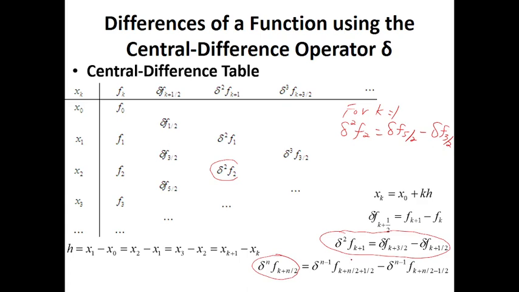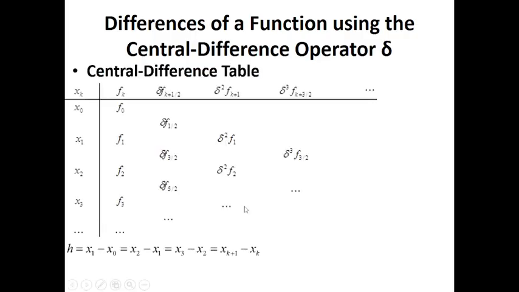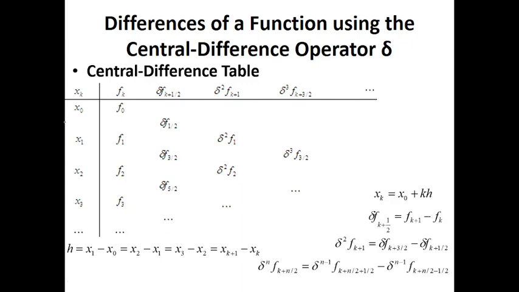Delta to the power of n f sub k plus n over 2 is equal to delta to the power of n minus 1 f sub k plus n over 2 plus 1 half minus delta to the n minus 1 f sub k plus n over 2 minus 1 half. For example, let's try n equals 7.